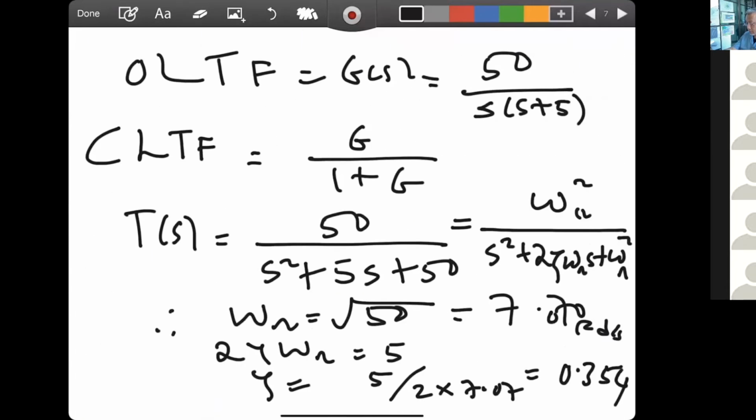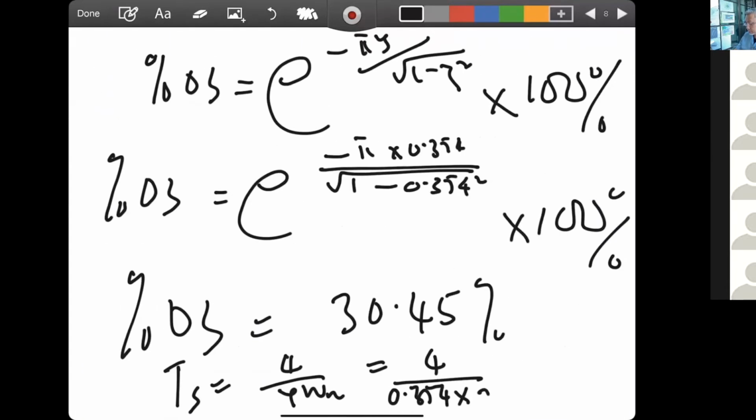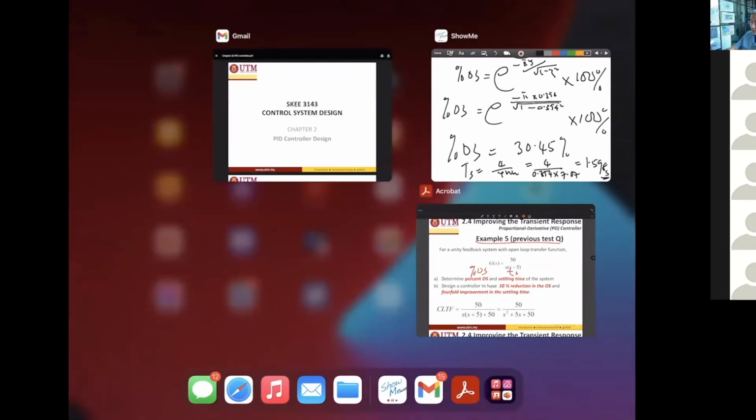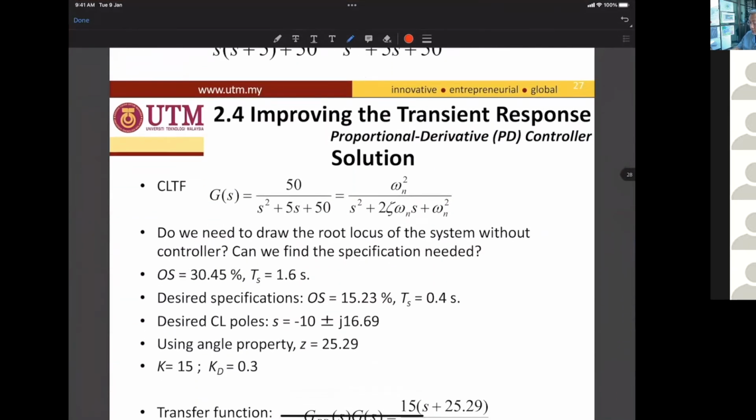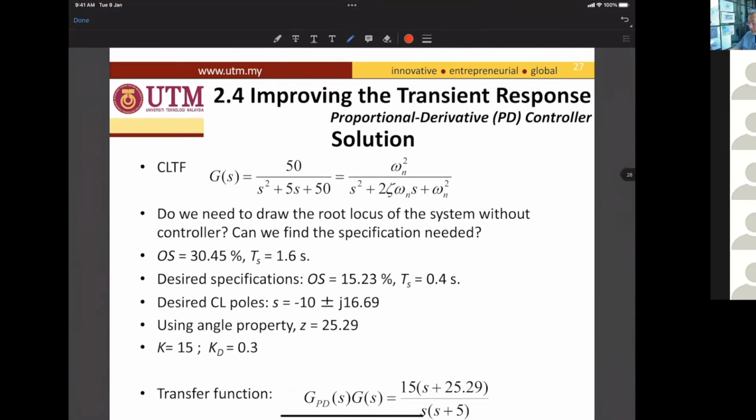Mana omega n tadi? 7.07. Again, settling time. 1.598 second. Okay. So we already solved it.